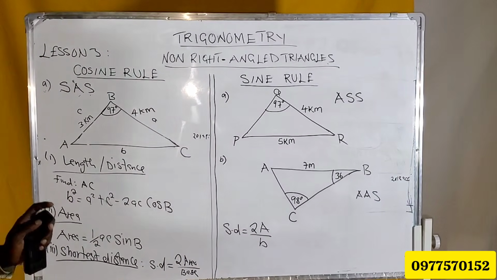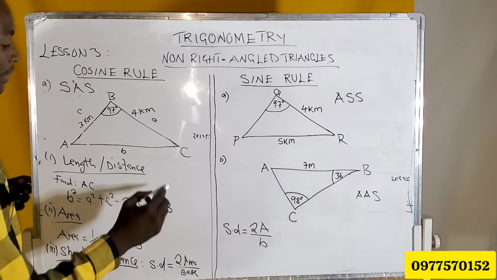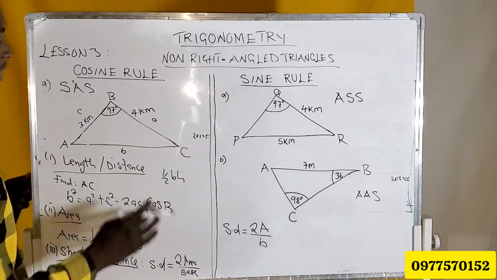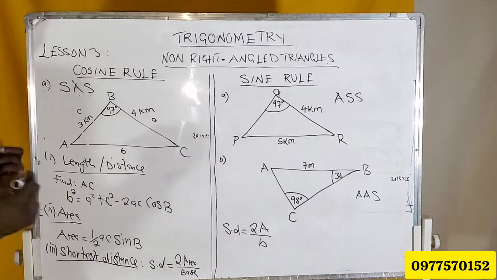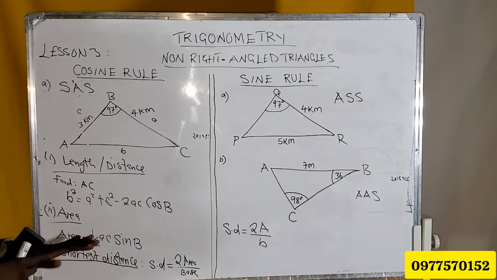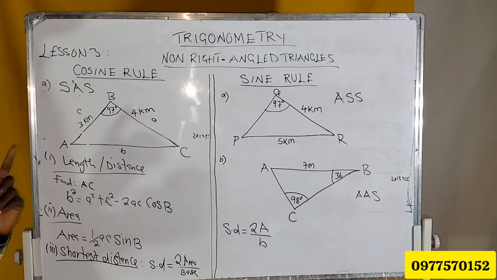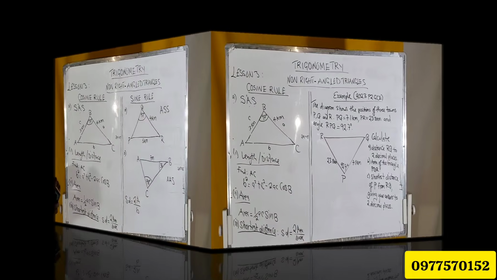Okay, easy as that. The formula for calculating area of a triangle is half bh, but just use this 2 times area over b to calculate the shortest distance. Now, with this information, let's look at an examination question.